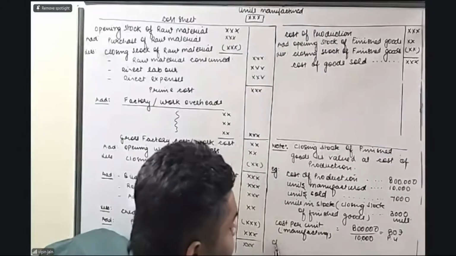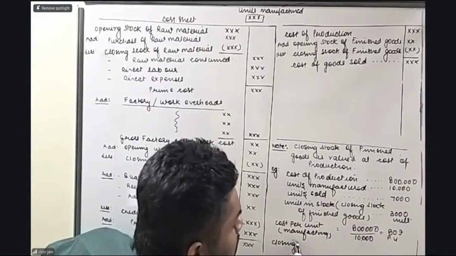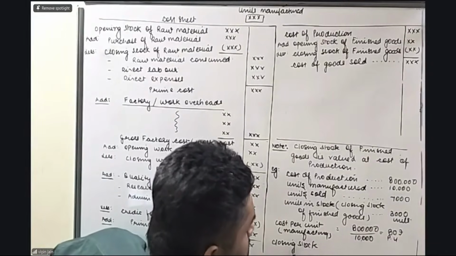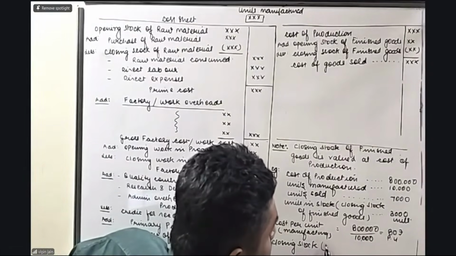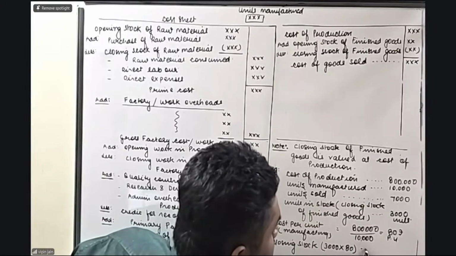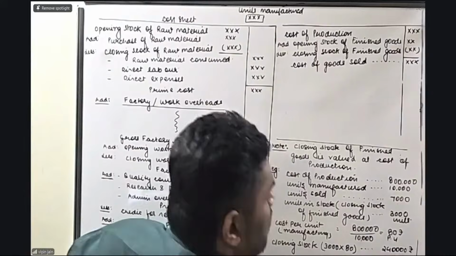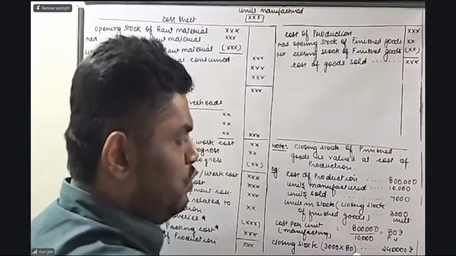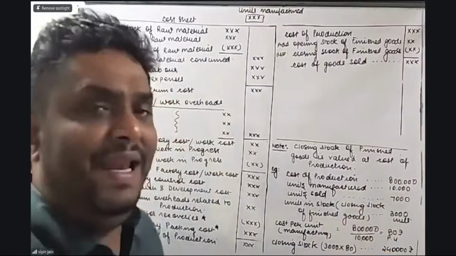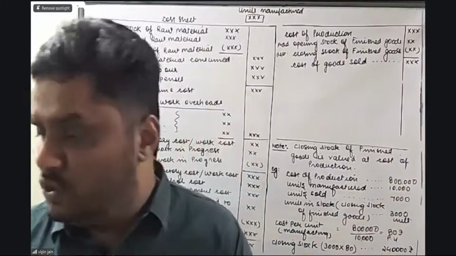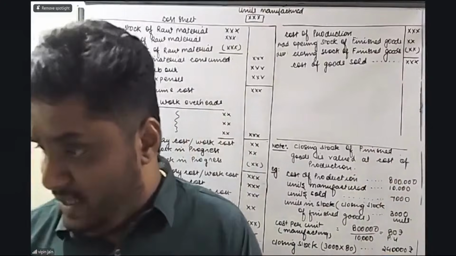So what will be the value of closing stock? 3,000 units into 80. So if we deduct 2,40,000 from 8 lakh, 5,60,000 will be the cost of goods sold. Very good, everyone. Your answers are correct.